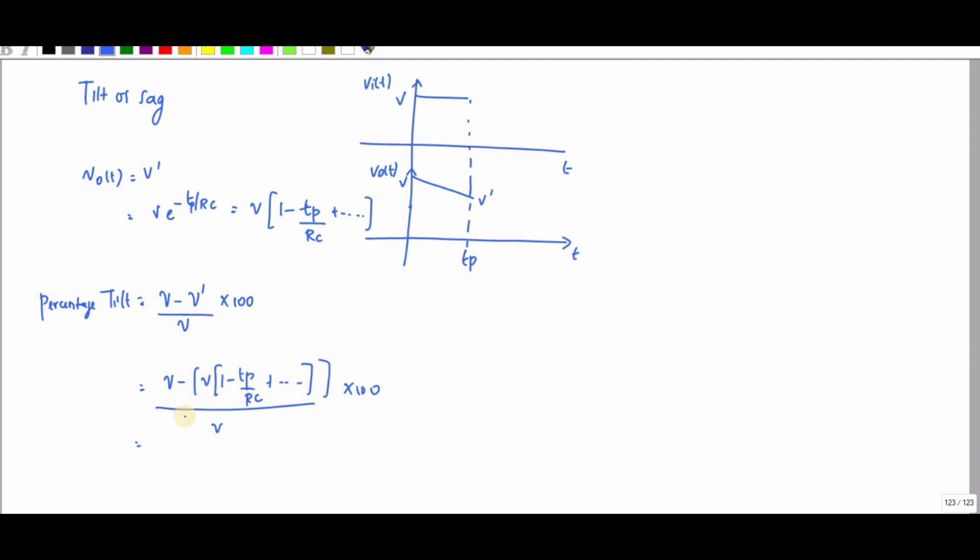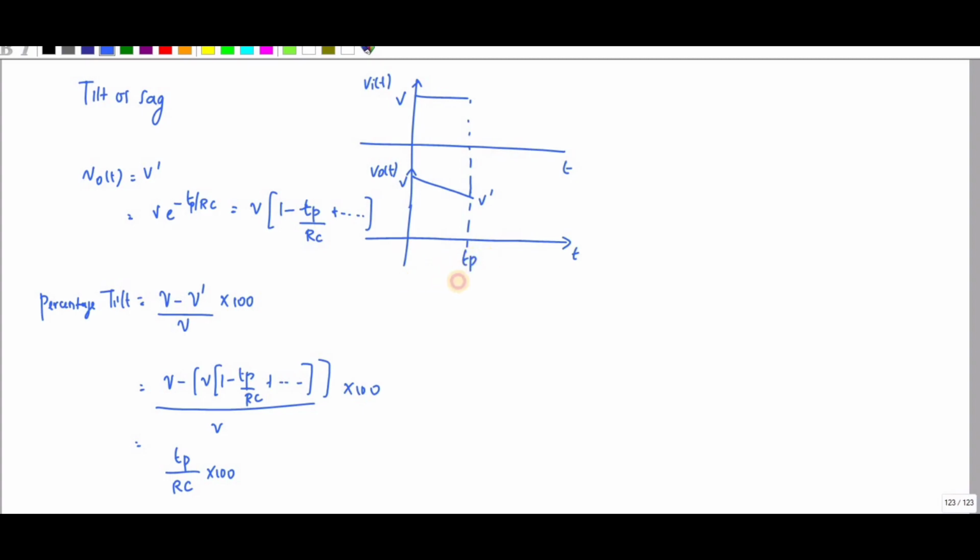If I take V common, I will get Tp divided by RC by 100.